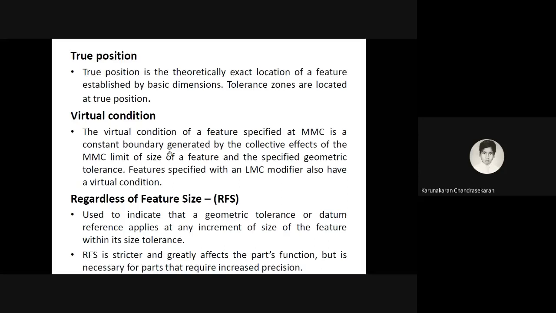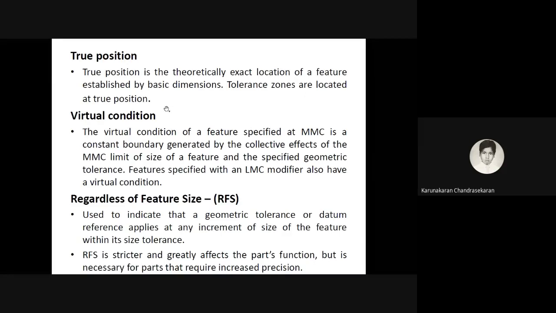Then we have some other important parts: true position, virtual condition, and regardless of feature size. The true position is the theoretically exact location of a feature. Okay? And there are certain tolerance zones located at these true positions that we are going to see in the diagrams.